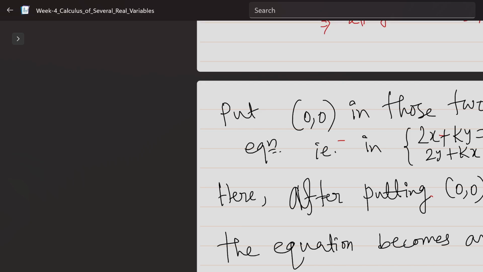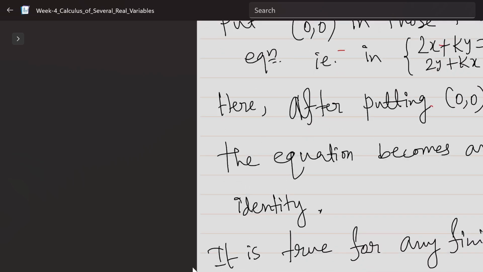Identity means it is true for any finite real value of k. If k equals infinity, then I cannot say anything, because infinity times 0 is an undefined form. So that's why I said finite.